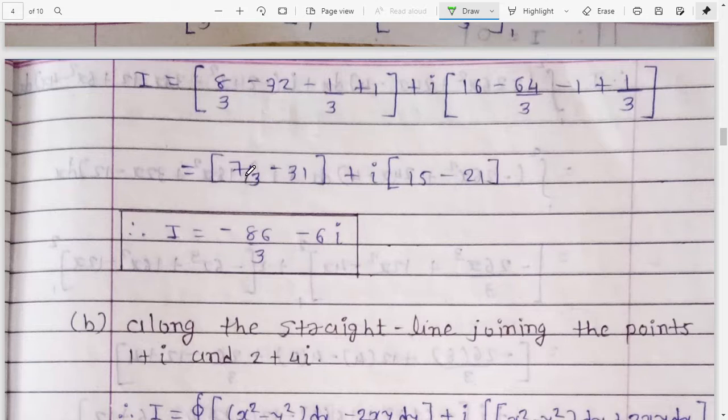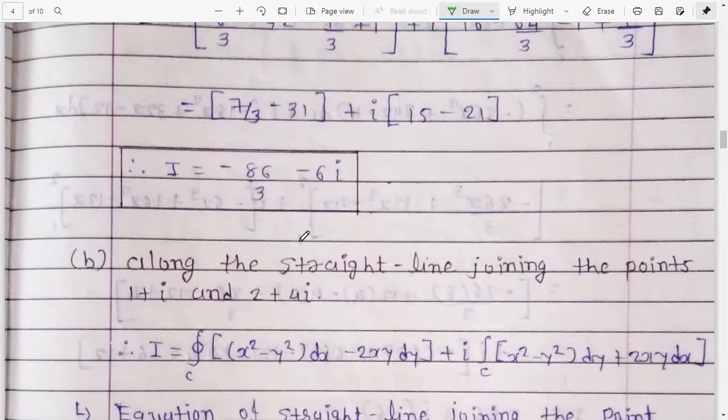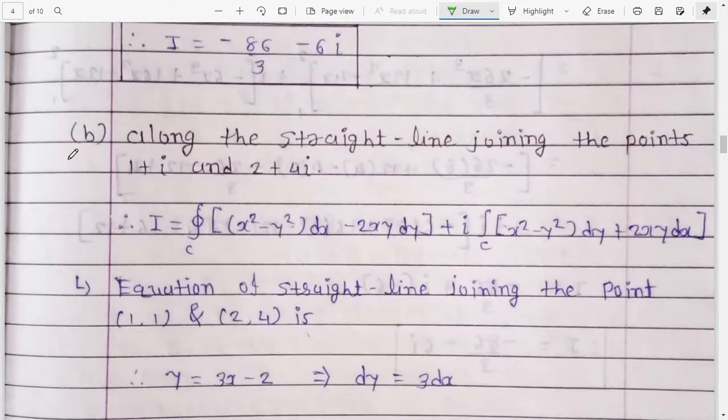Now the real part we get is minus 86/3 and the imaginary part is minus 6i. Now for another path, along the straight line joining the points 1 plus iota and 2 plus 4 iota.